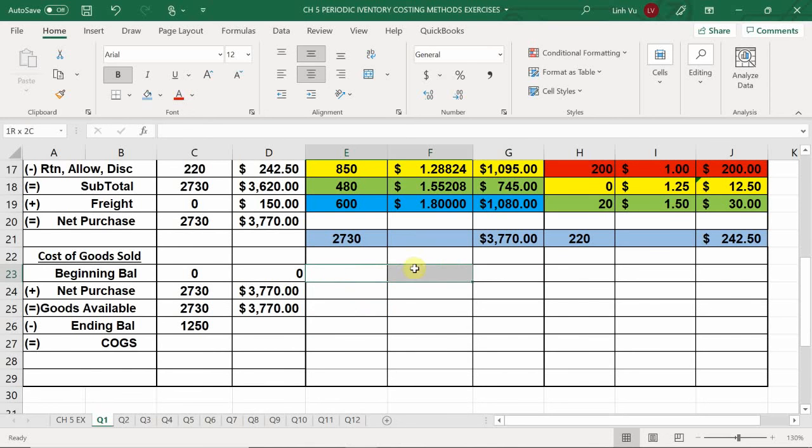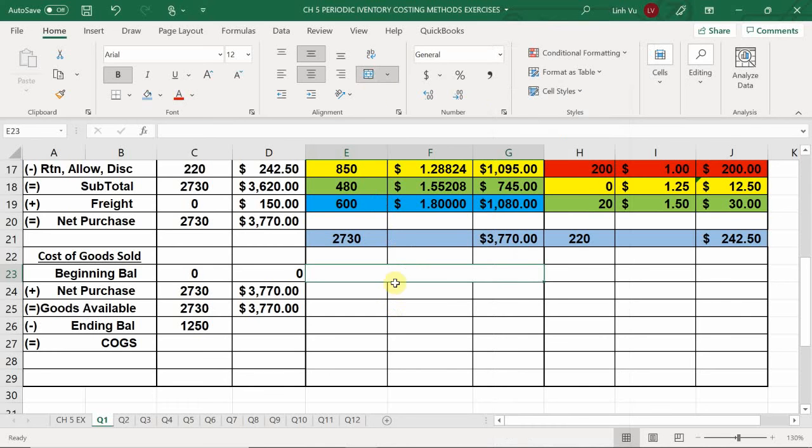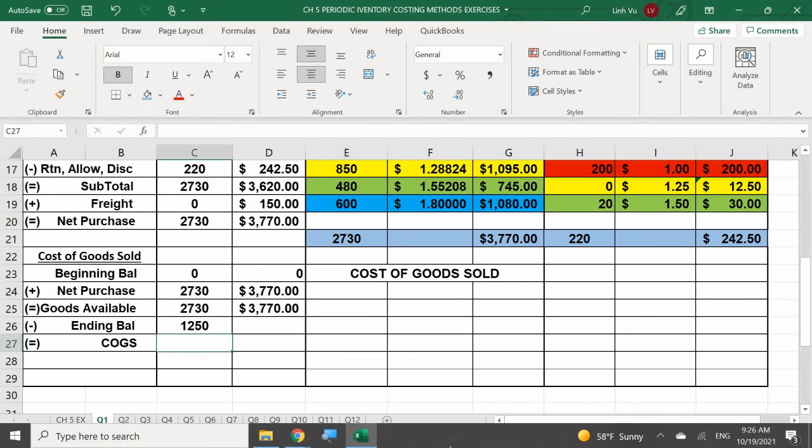So what I'm going to do is label this one right here as my cost of goods sold. If I have $12.50 supposed to be in my ending balance, how much did I actually sell? $1,480.